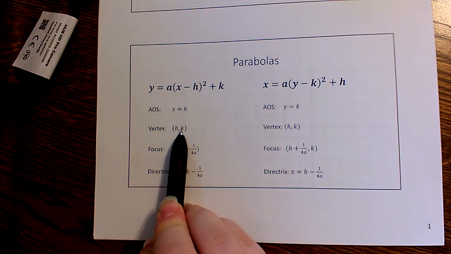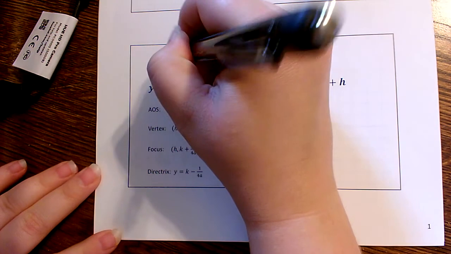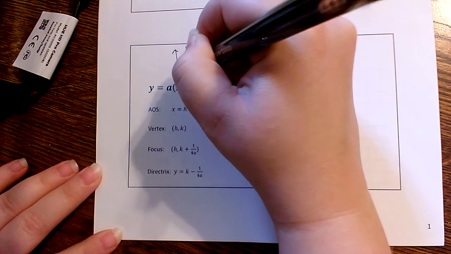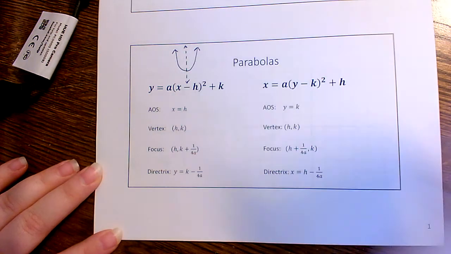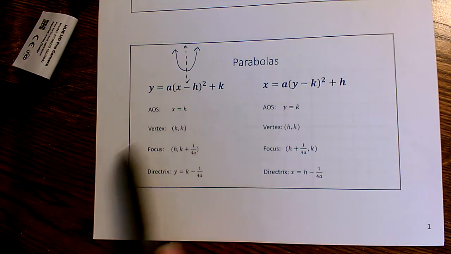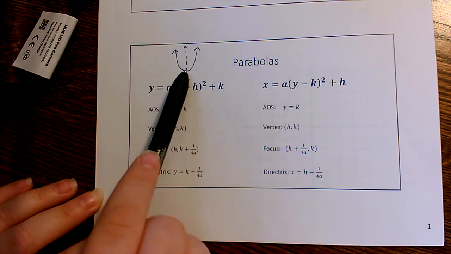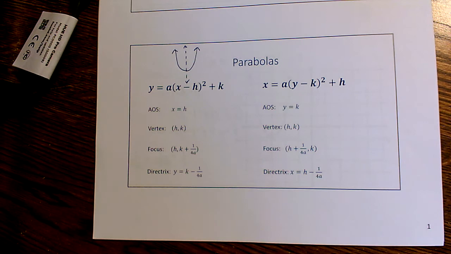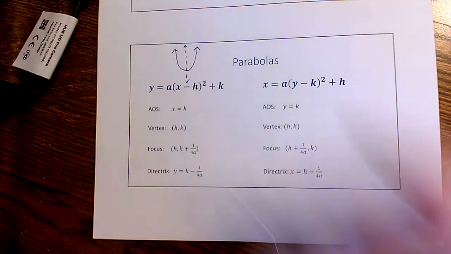The axis of symmetry, if you remember, is a line that goes straight through the center of your U-shaped graph, and it's the axis of symmetry because it is a line of symmetry. Both sides of the U, if you folded your paper up on that line of symmetry, then both sides would lay right on each other.